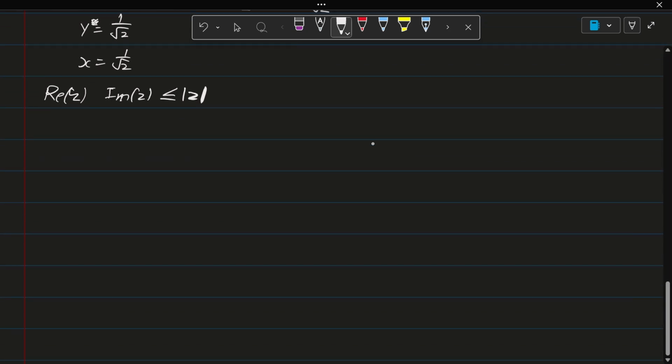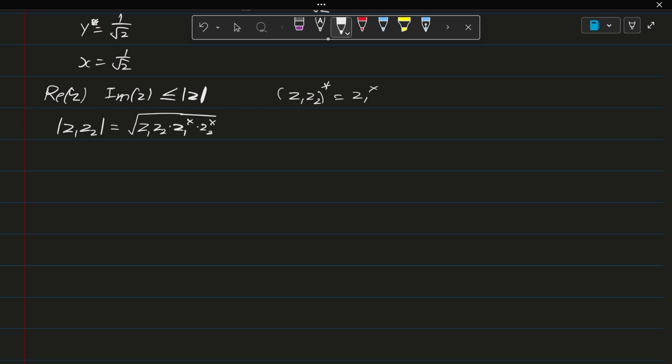Another thing that I want to note is the length of z1 times z2. We could try to expand this first. You could express this as the square root of z1 z2 multiplied by z1 star z2 star. A property of conjugates is that if you take the star of a product, everything is also given the conjugate.